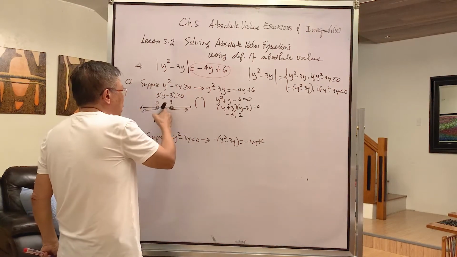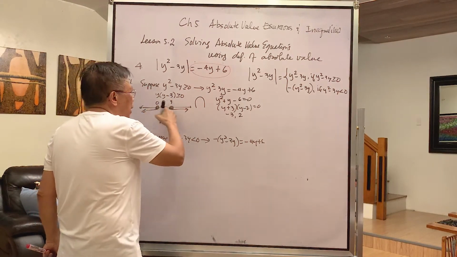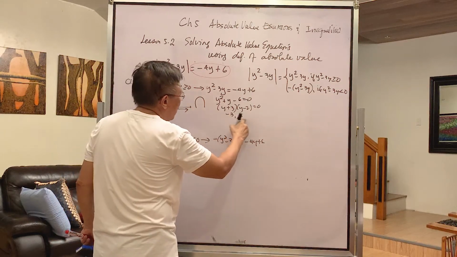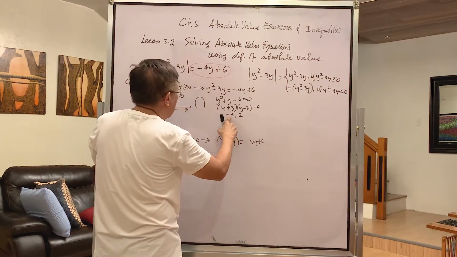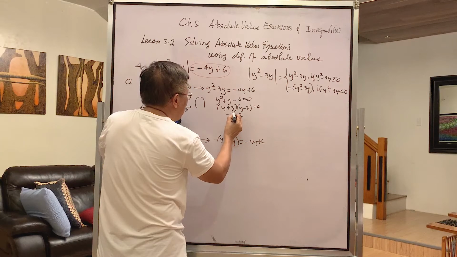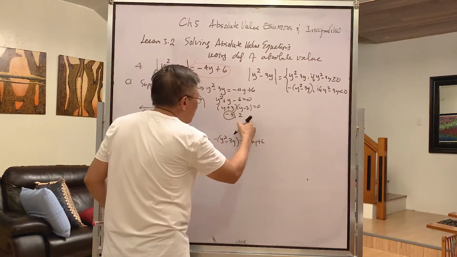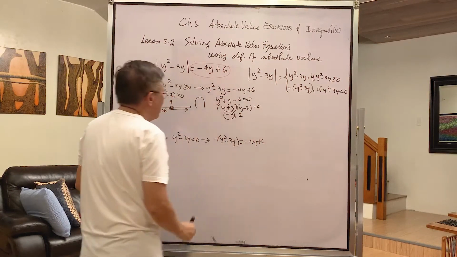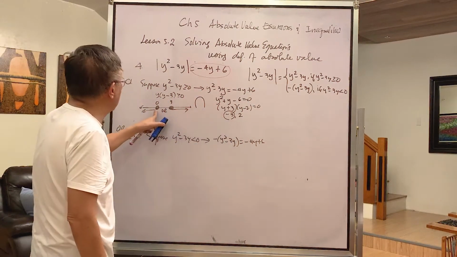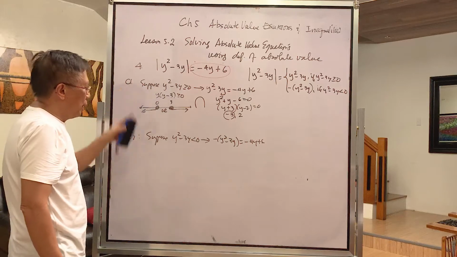What will be the intersection? This is negative 3. Now, for this interval, intersecting these two, there's no intersection. So, there's only one solution that satisfies case 1.